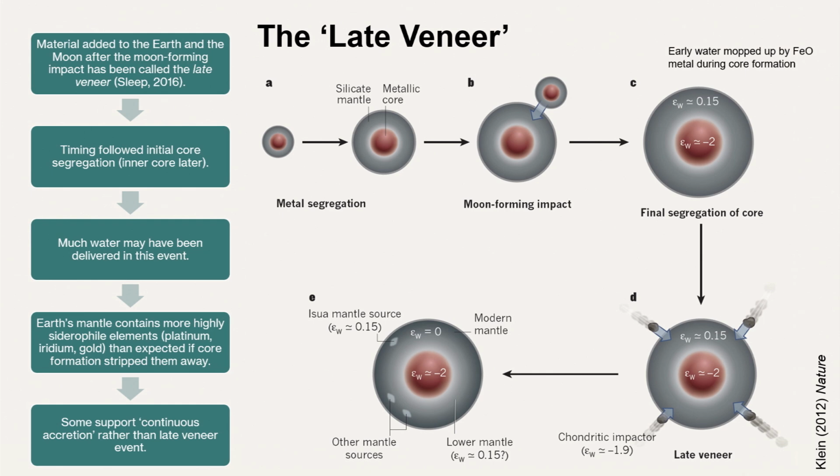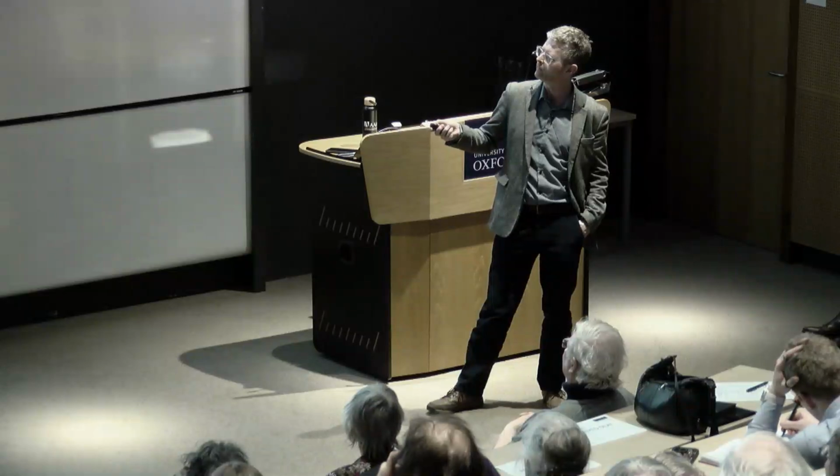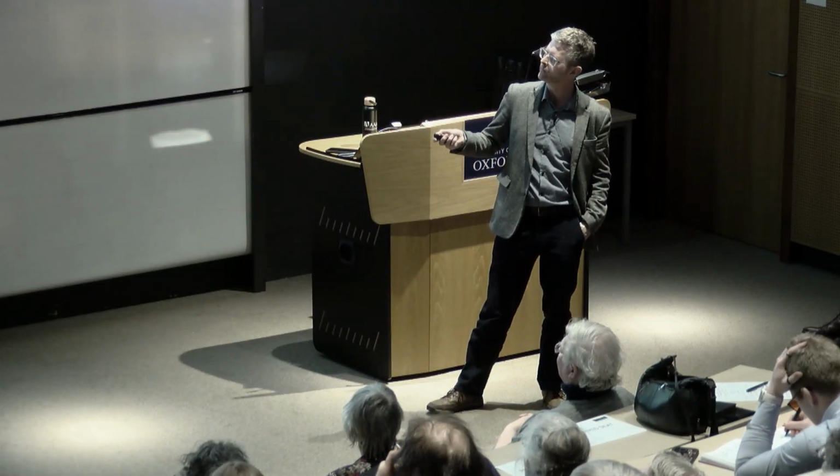That's quite an interesting proposal, and rocks on Earth that are quite old, around 3.8 billion years, have been attributed to some of the heterogeneity that may arise from this messy system with lots of material being introduced.